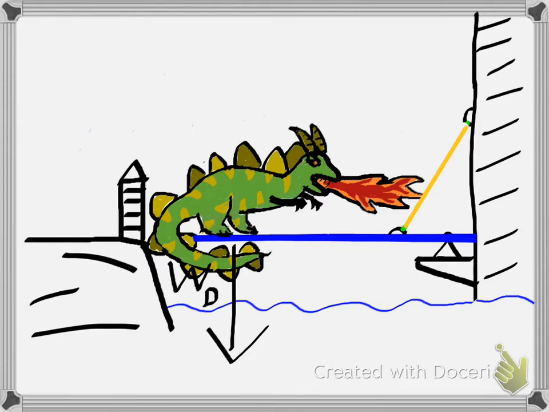Well, what we first need to know is the weight of the dragon. But to analyze torques, we need to know where that weight, that force, is. So the distance of the dragon from the pivot to the weight is the position vector that gets calculated to create the torque of the dragon.